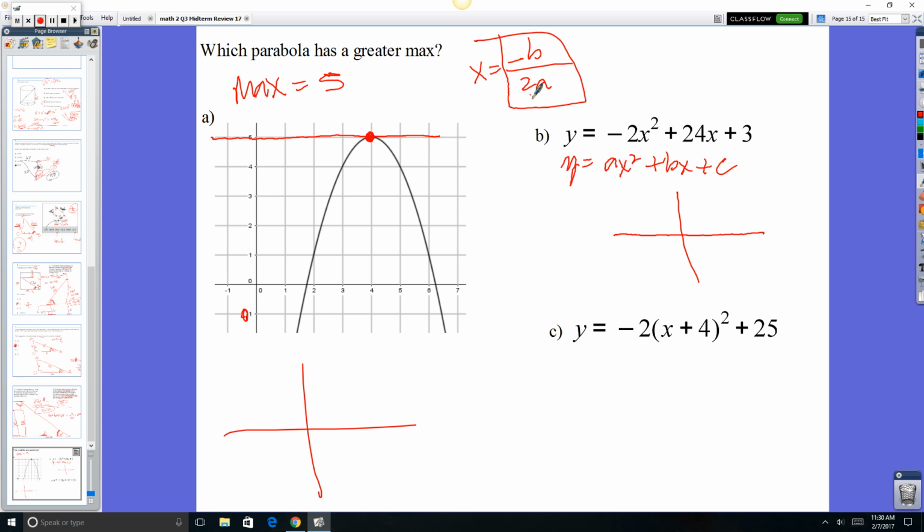If we do negative b all over 2a, so a equals negative 2, b equals 24, c equals 3. So negative 24 all over 2 times a. So it's negative 24 divided by negative 4. So that is x equals 6.